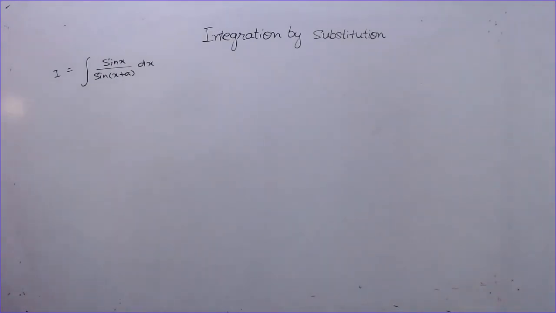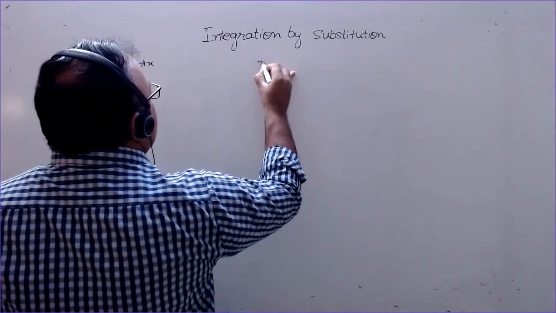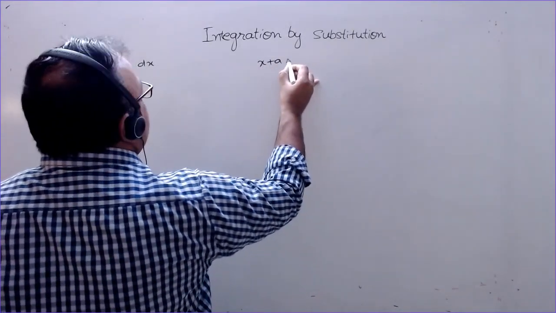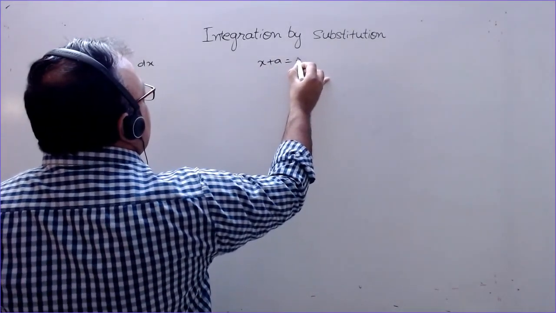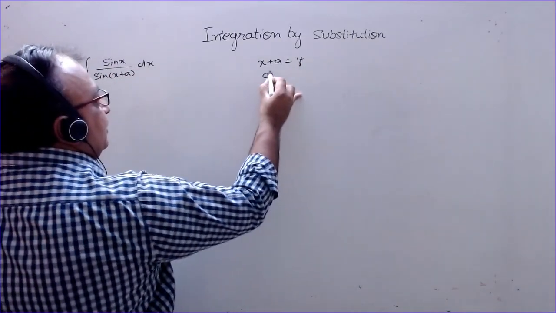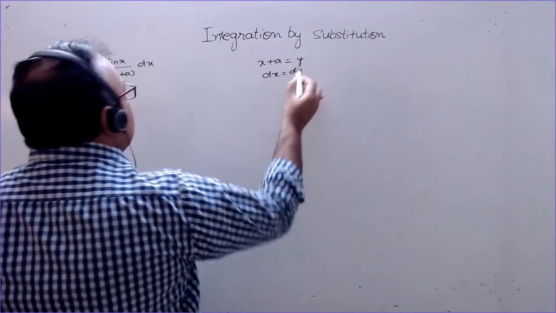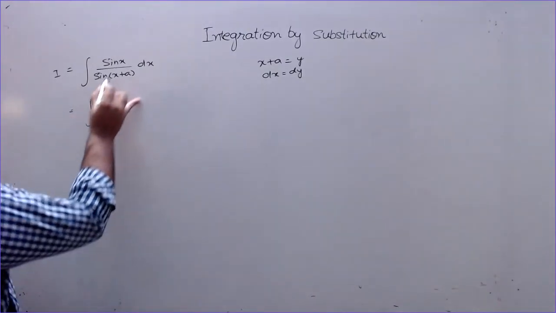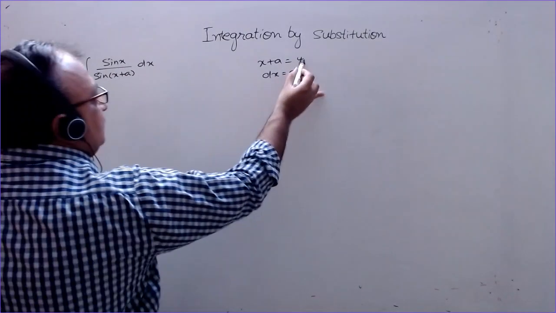So here we can write x plus a can be substituted as, suppose, y. So dx is dy. So sin x here is equal to y minus a.